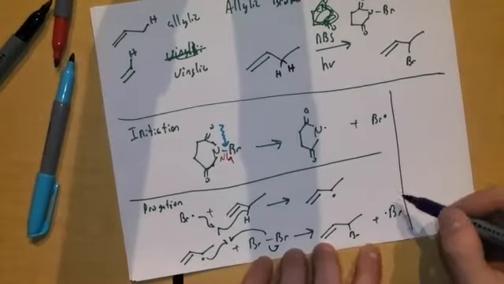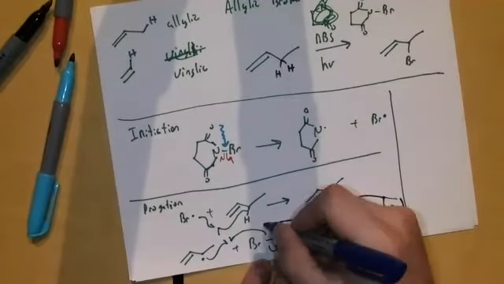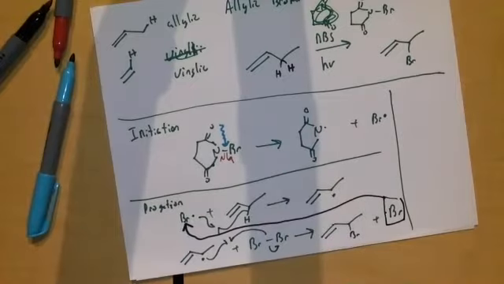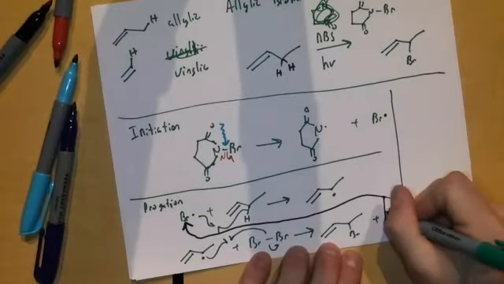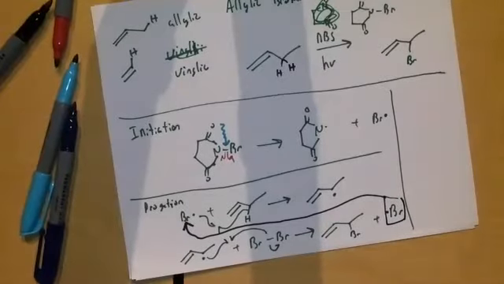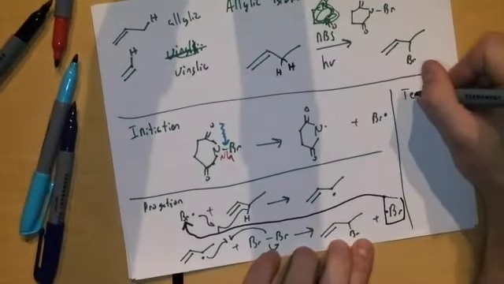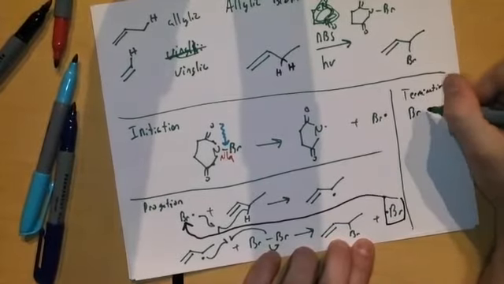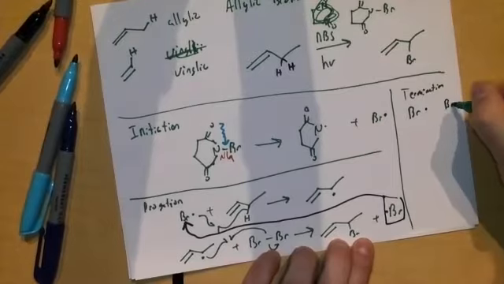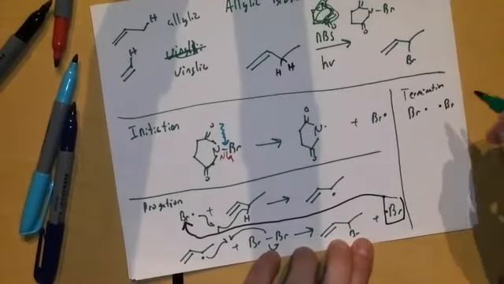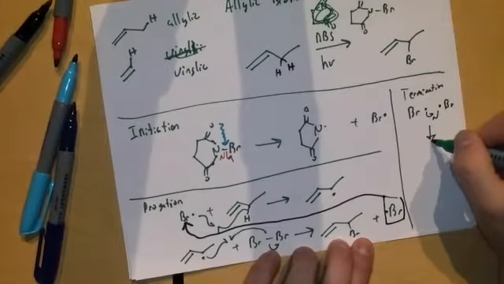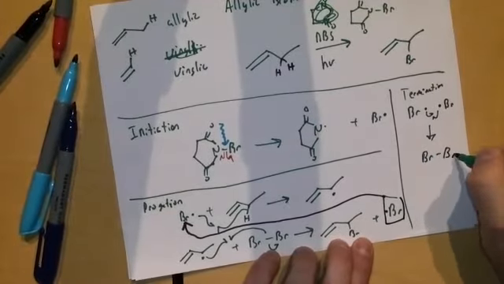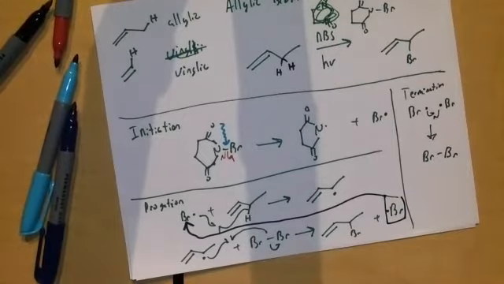This bromine radical can then get shoved back into our propagation cycle in order to keep doing this. Our Br2 actually comes from termination. So in termination, if we have two Br radicals that come in contact with each other, we can make Br2, which can then get shoved into this part of the cycle.